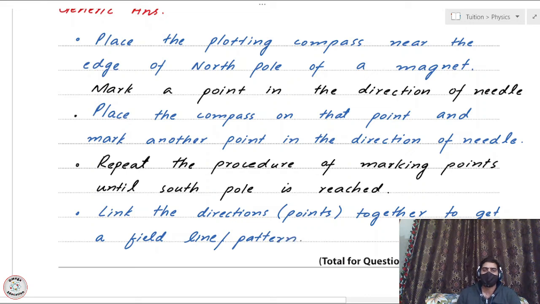All right, so you go around for one line, you join all the points, you get one magnetic field line.